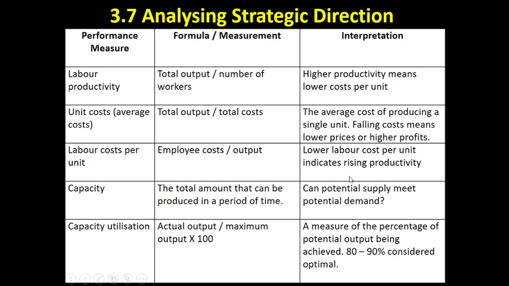If we can make each worker produce more output and we keep their wages the same, then the unit costs fall, and we can either make a higher profit margin, or we can cut our price if we're in a competitive market. So increasing labour productivity would certainly be something I'd want to consider in my SWOT analysis, and what's going on with labour productivity.